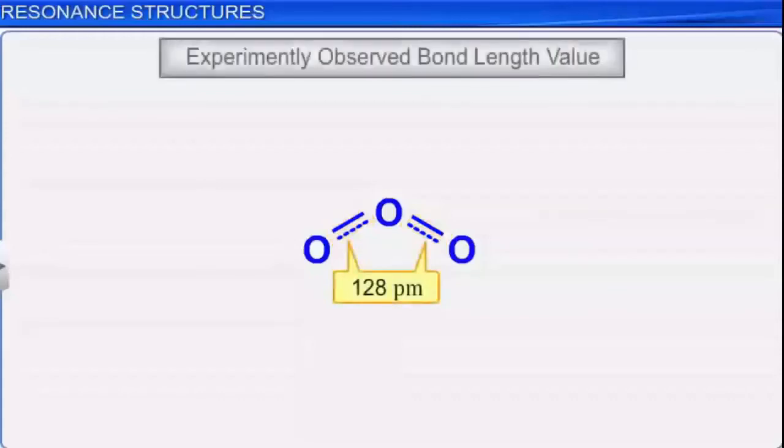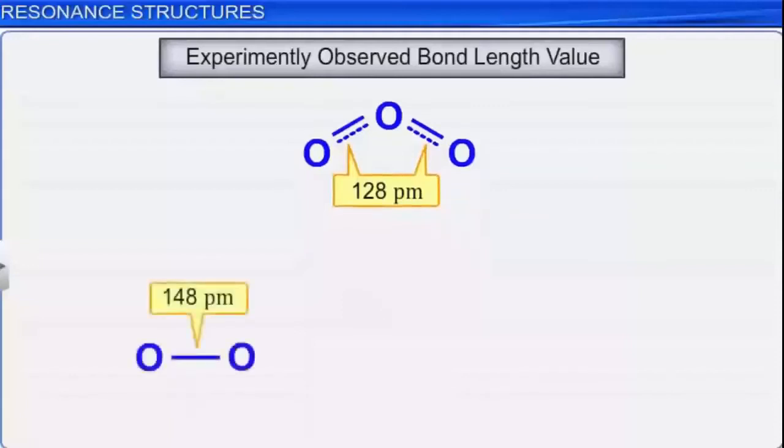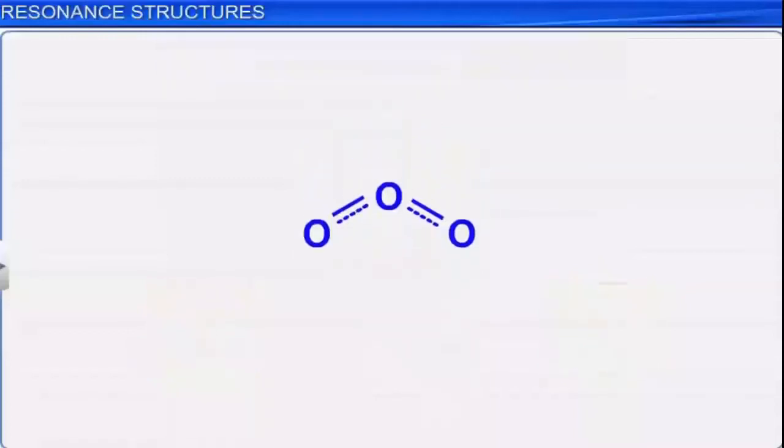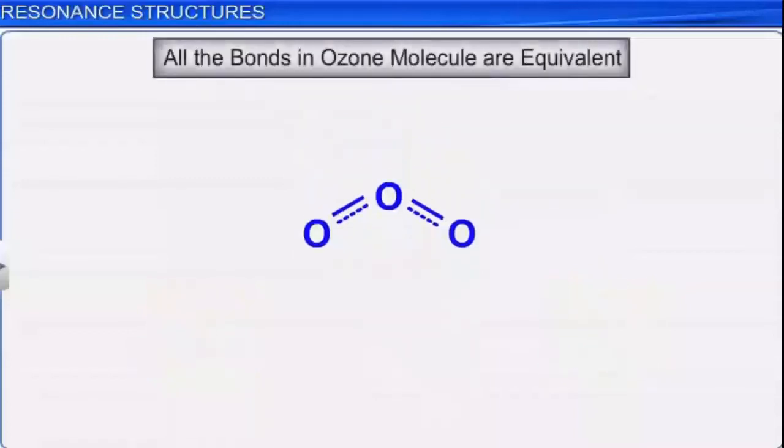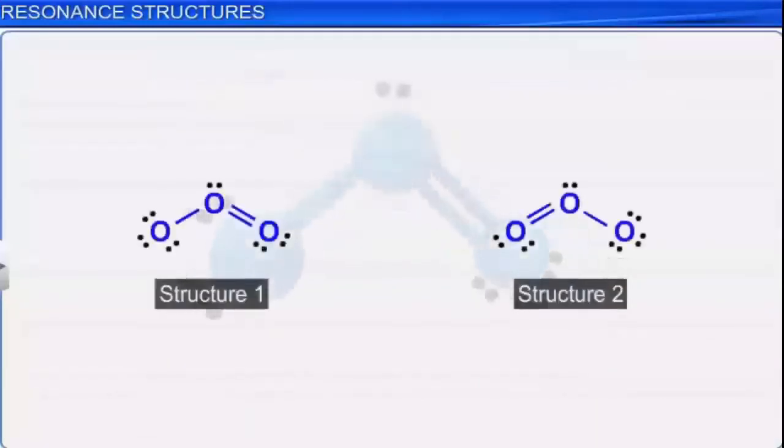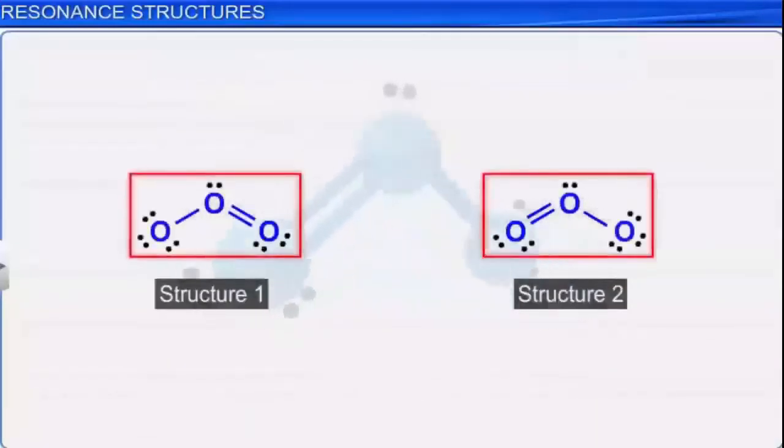This implies that the bond length between the oxygen atoms in ozone molecule is intermediate between oxygen-oxygen single bond and oxygen-oxygen double bond. It means that all the bonds in ozone molecule are equivalent. Therefore, neither structure 1 nor structure 2 explains the observed bond length.